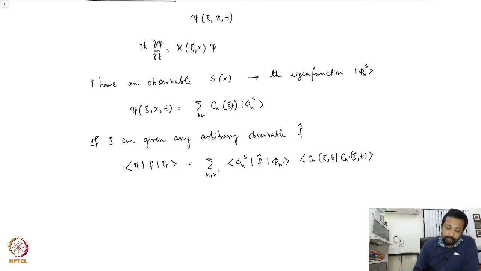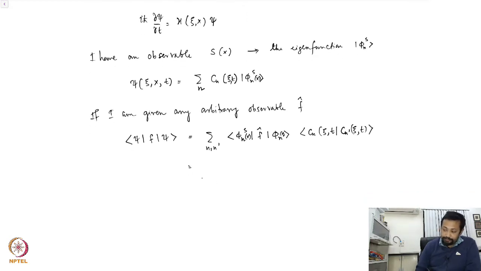So this φ_n(s) depends only on the coordinate x. That is something which you must remember, right? Now strikingly, if you look at this expression, then this expression is ρ_n'n. I can identify this quantity as φ_n*(s) of x f φ_n.